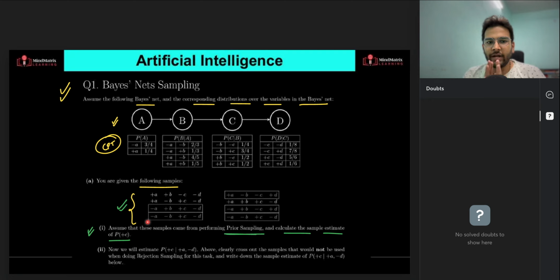So you simply have to find out probability of plus C. You simply have to estimate, because we are basically approximating, right? 0.8. You can also tell me in the fraction, Abhas. You can also tell the fraction value. Number of plus C divided by total samples. What is the answer? Tell me the answer.